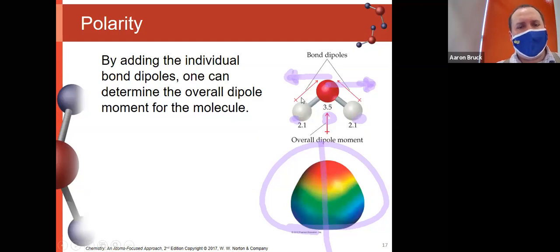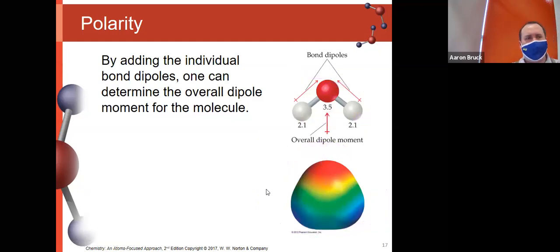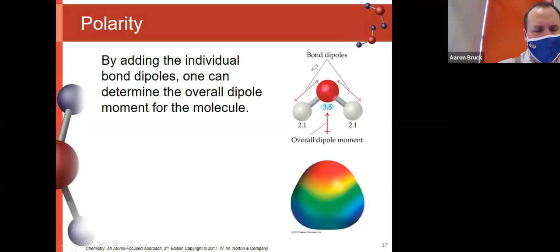So let's look at this as an example by comparison. Here I have water. Now in water, I can see that the net electronegativity differences show that overall electron density is pushing its way toward the oxygen.